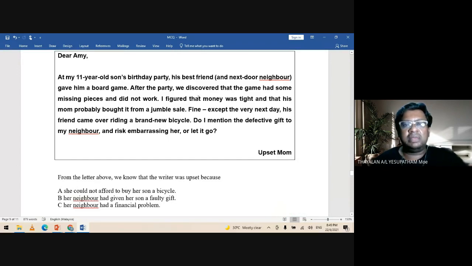After the party, we discovered that the game had some missing pieces and did not work. I figured that the money was tight and that his mom probably bought it from a jumble sale. Fine, except the very next day, his friend came over riding a brand new bicycle. Do I mention the defective gift to my neighbor and risk embarrassing her, or let it go?